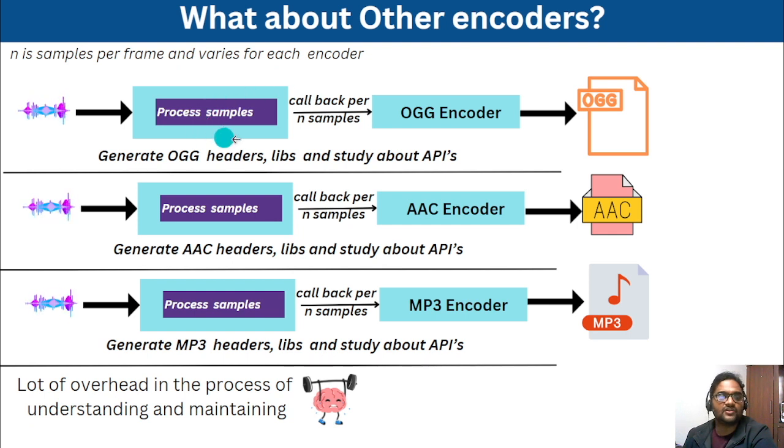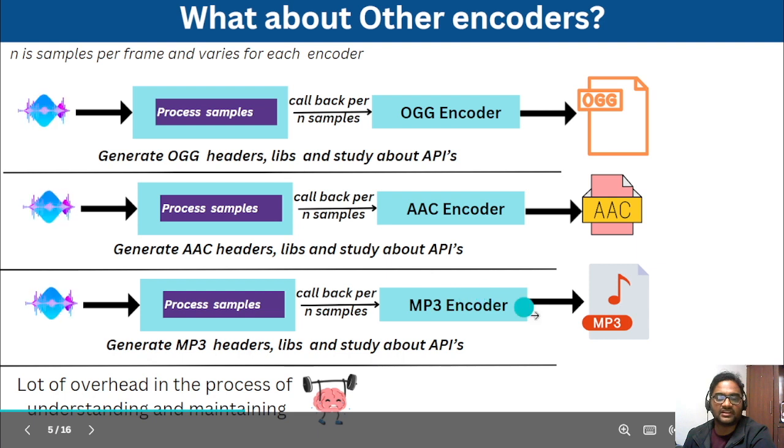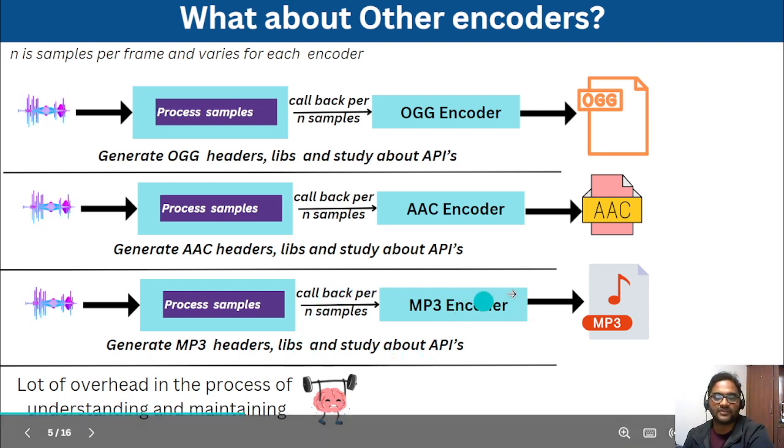We need to follow those specifications, call our callback, encode that particular frame, and then write the encoded data into the file. So we need to maintain different headers and libraries, and study the APIs of each encoder. Finally we convert or encode the data into the specific format we need.